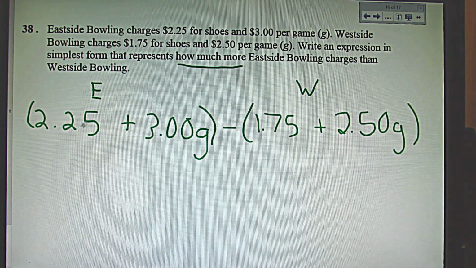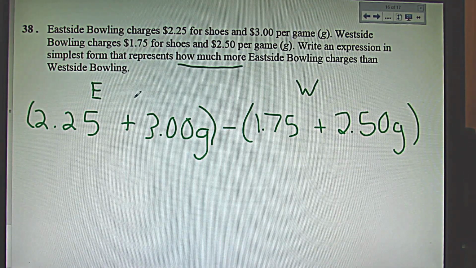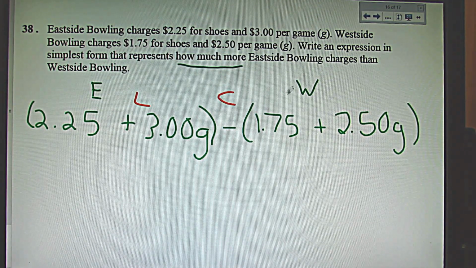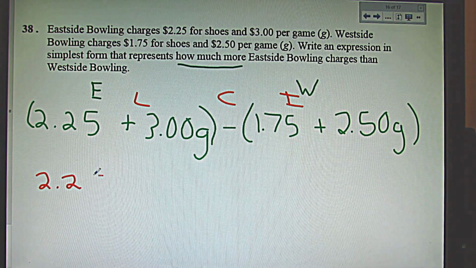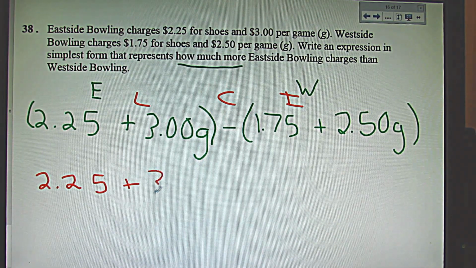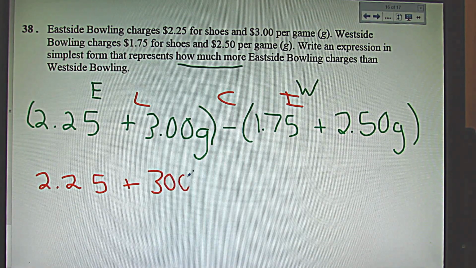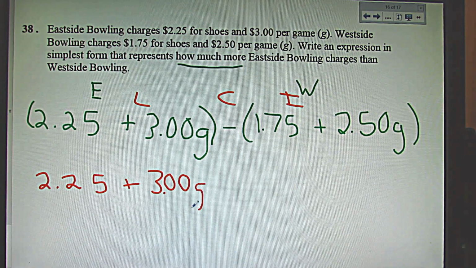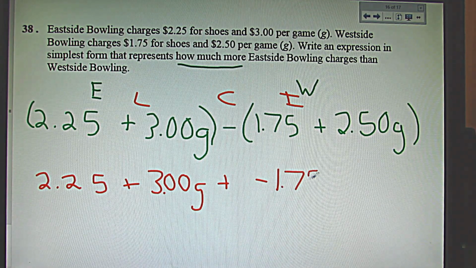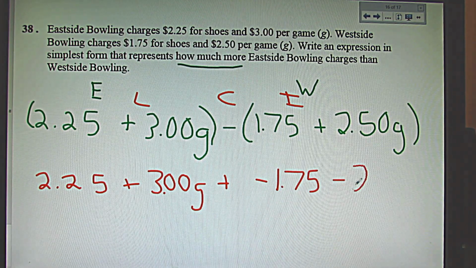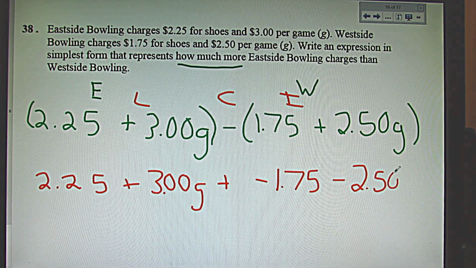We just talked about it. In order to do a subtraction problem with like terms, I have to leave, change, inverse. 2.25 plus 3G plus negative $1.75 minus 2.50G.